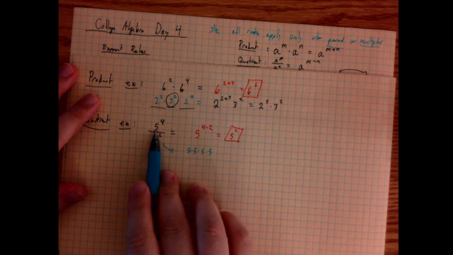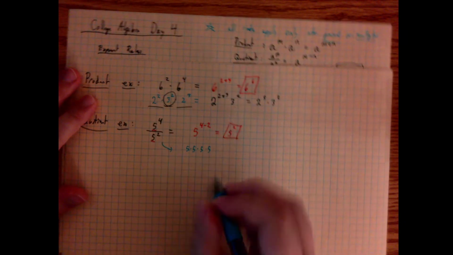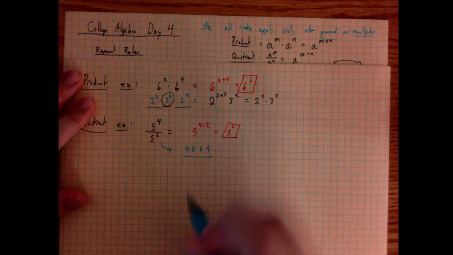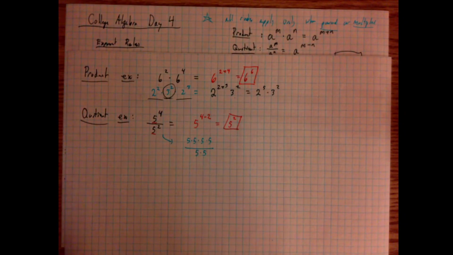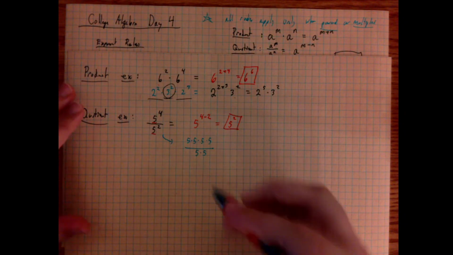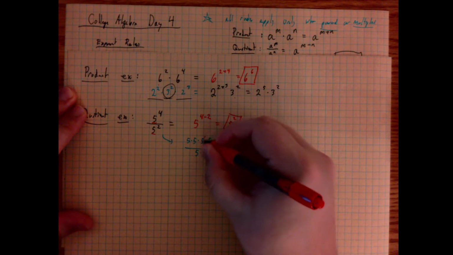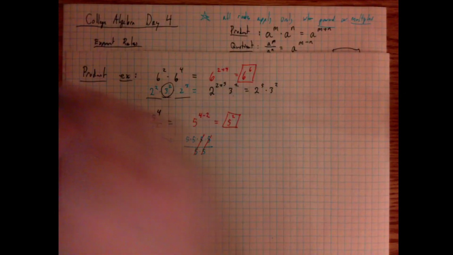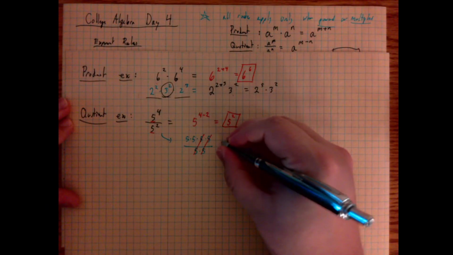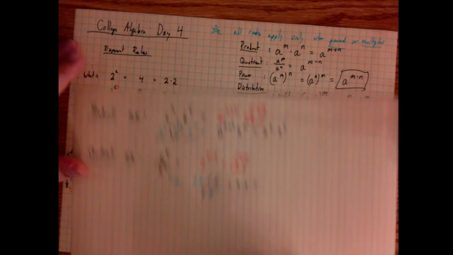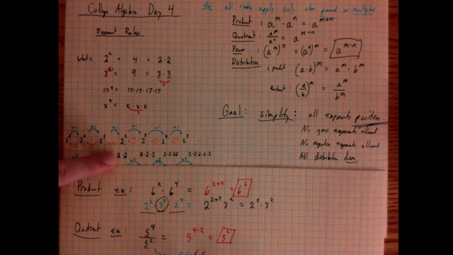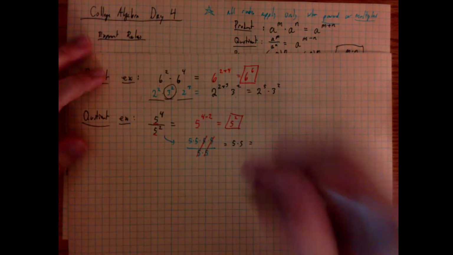It'd be the number 5 written 4 times. On bottom, it'd be the number 5 written 2 times. Now, how do we know this works? Well, remember there's a property of algebra which states if there's something on both top and bottom, you may cancel it. And look what's left behind. We have 5 times 5. And 5 times 5, if we use that property another time, just means we have 5 squared.